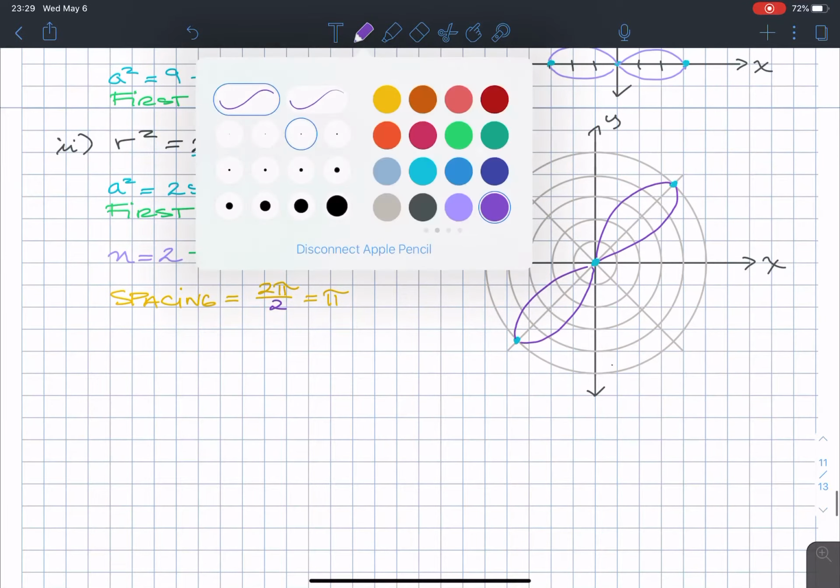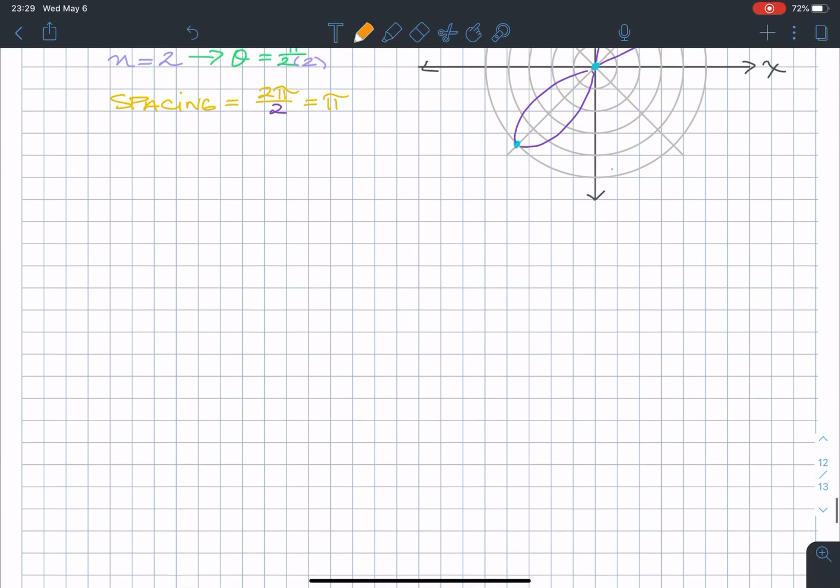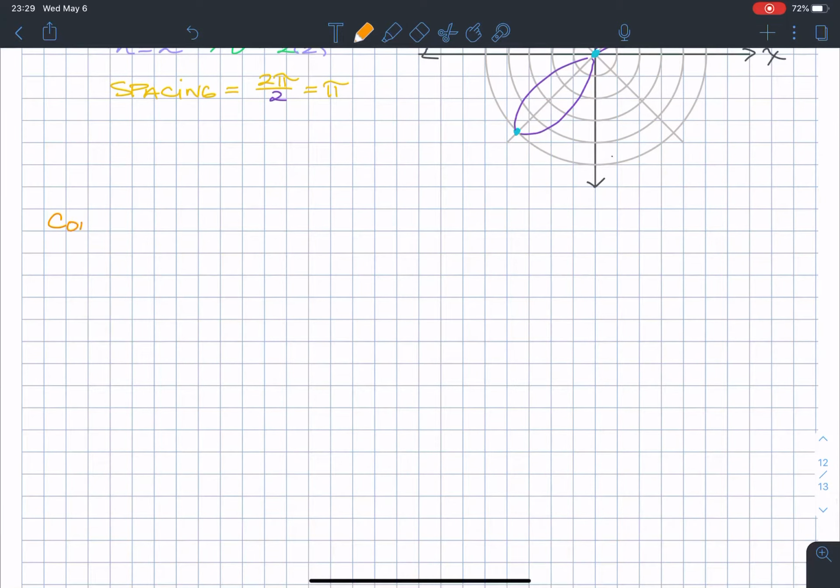Okay, so let's consider something. Let's consider r is equal to a times cosine of 2 theta.